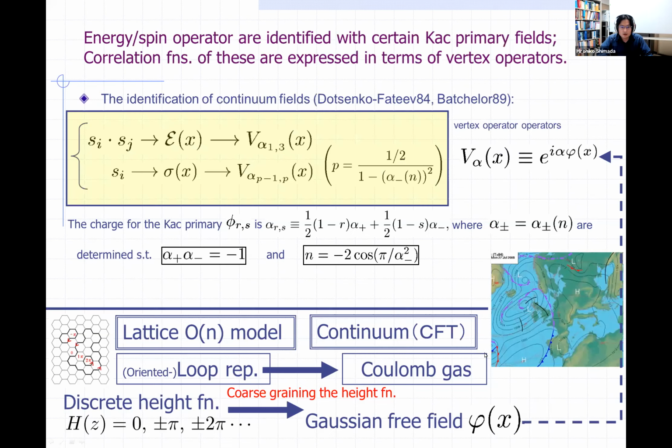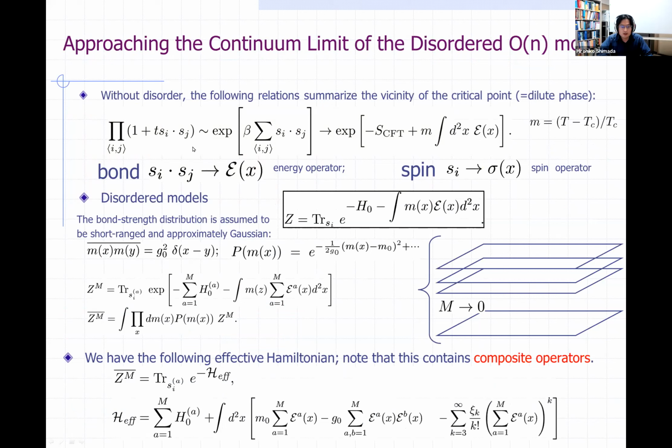If we take the continuum limit of this model in the O(n) model in general, it looks like this. The action looks like this: the CFT action plus temperature fluctuations. X is the position, which corresponds to the link positions.